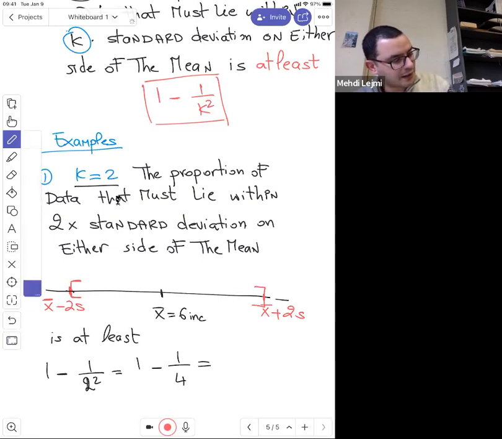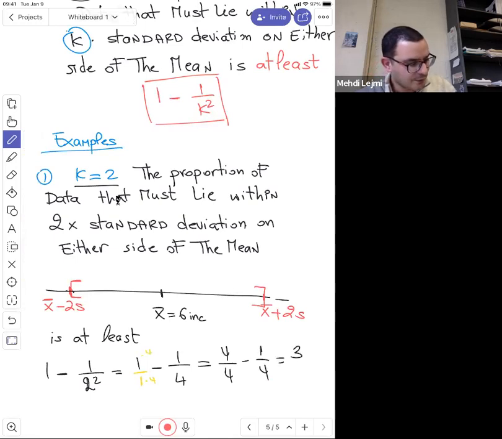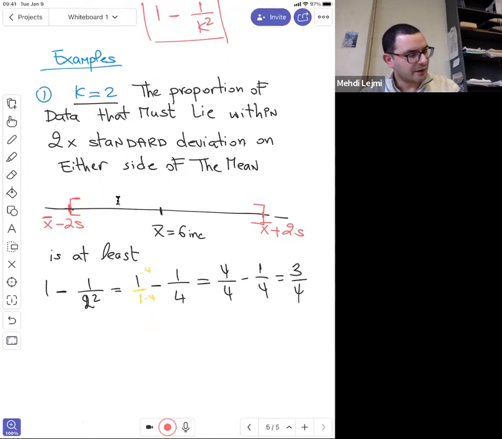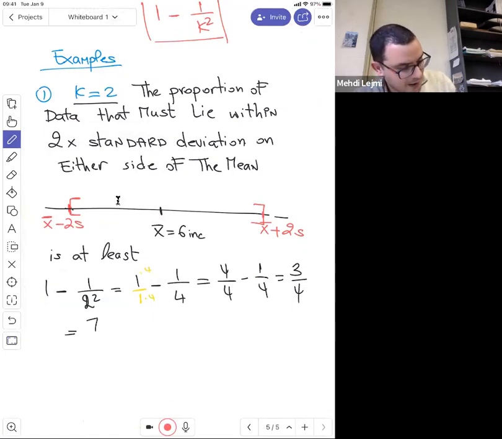You make the 1 look like a fraction, 1/1, and the common denominator would be 4, so you multiply by 4. That's 4/4 minus 1/4, so that's 3/4. That's equal to 3/4, which is equal to, if you multiply by 25.